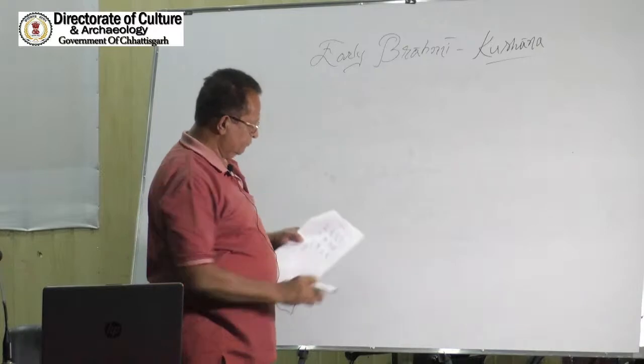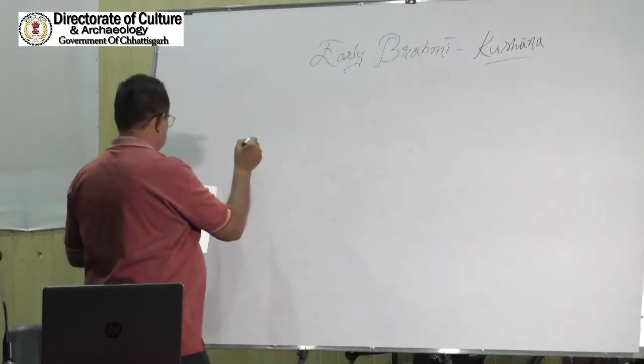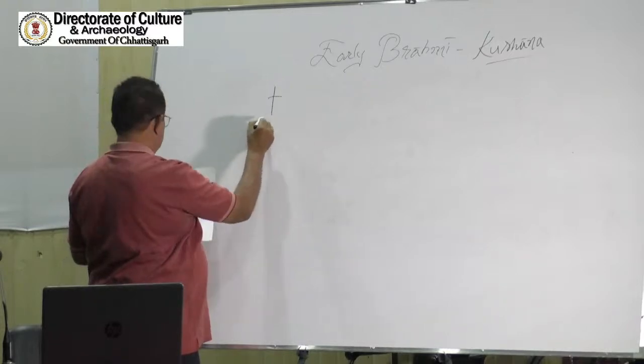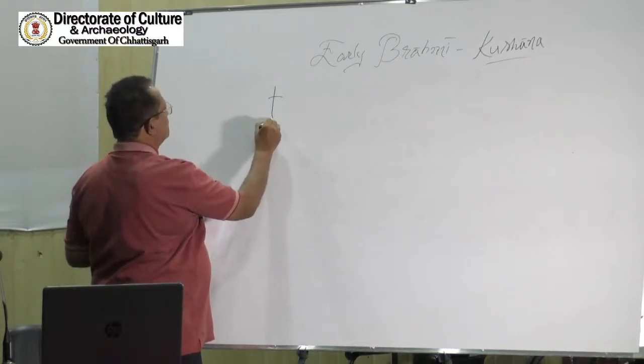This already shows ka. This is ka, and we attach a stroke, it becomes ksha.